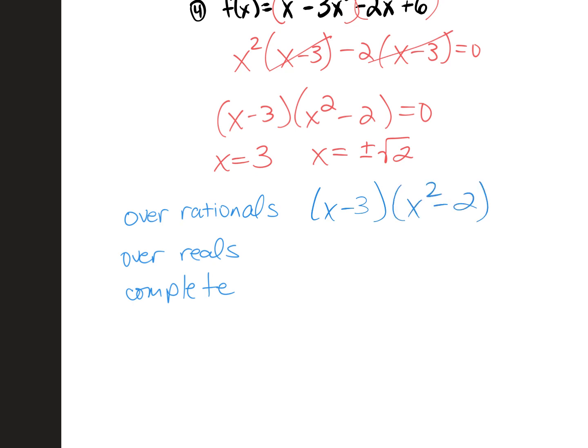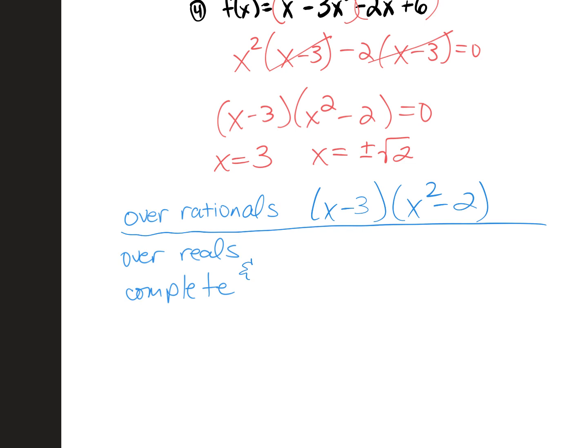Why do I leave the x squared minus 2? I don't break it down. And over the rationals, why do I leave x squared minus 2? So it's not a square root. It's not an irrational number. But over the reals and complete, in this case, are both going to be the same. Why are they both the same? Because they're real numbers.